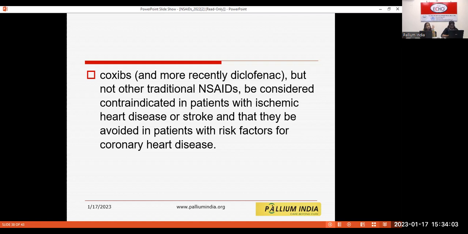It can cause thrombosis. So in a patient with heart problem, it is better to avoid diclofenac and etoricoxib for a longer period. One or two doses, that's fine. If you are planning to give for more than 2 to 3 weeks, it is better to avoid etoricoxib and diclofenac because it can cause thrombus, it can cause clot, which can cause heart problem or stroke.